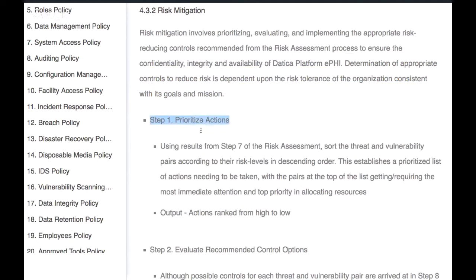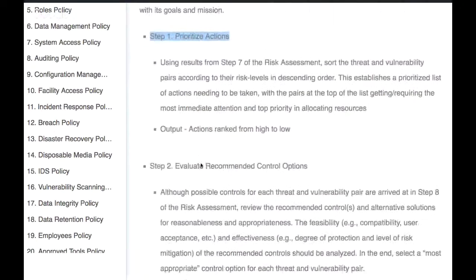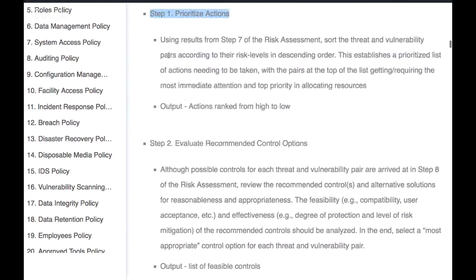So step 1, prioritize actions. Using results from step 7 of the risk assessment, sort the threat and vulnerability pairs according to their risk levels in descending order.